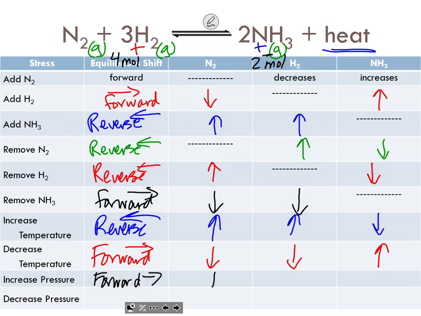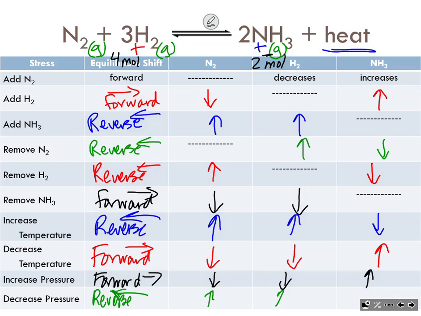So we decrease, and increase. And I know this one's not on your page, but let's go over it anyways. If you decrease the pressure, it's going to go in the reverse, obviously, because it's opposite. It's going to the side with more moles of gas. So this one's going to increase, and ammonia should decrease.